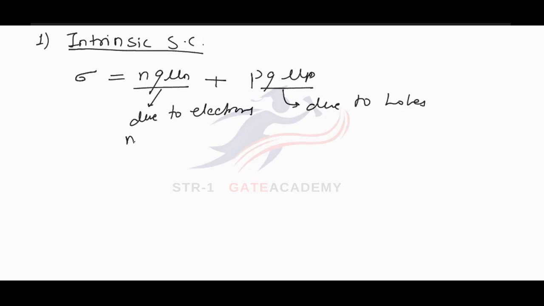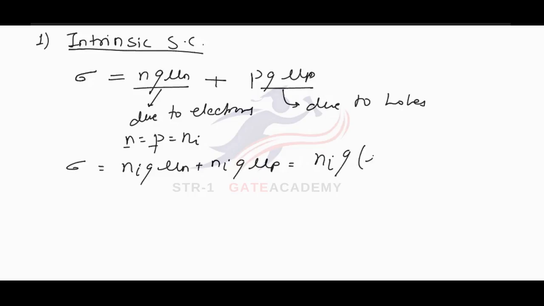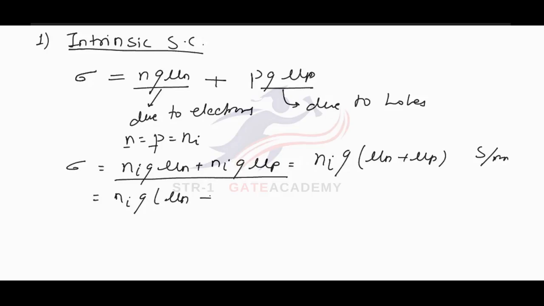In case of intrinsic semiconductor, we know that n equal to p equal to ni. Then replacing n and p with ni, we can write sigma equal to ni q mu n plus ni q mu p equal to ni q (mu n plus mu p), Siemens per meter or Siemens per centimeter. This is the conductivity equation for intrinsic semiconductor. Oh sorry, we have already simplified.